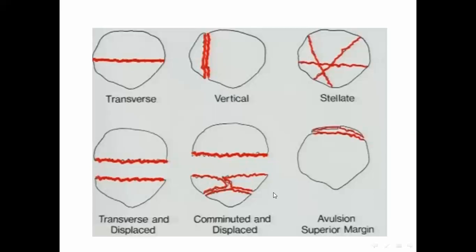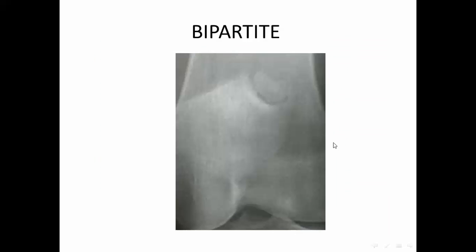Fracture of the patella may be transverse, vertical, stellate, displaced, comminuted, and avulsed superior margin, but take care that we have another type of patellar lesion called bipartite, which has a corticated margin. This is congenital.